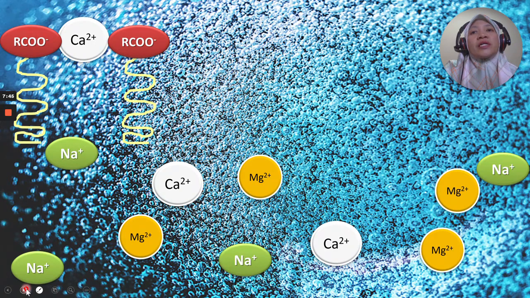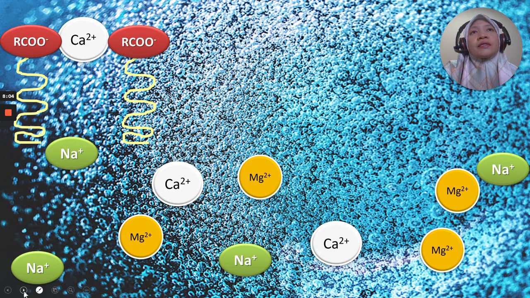However, in hot water, calcium and magnesium ions will react with soap molecules to form calcium and magnesium salts.